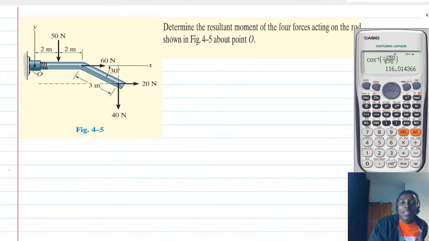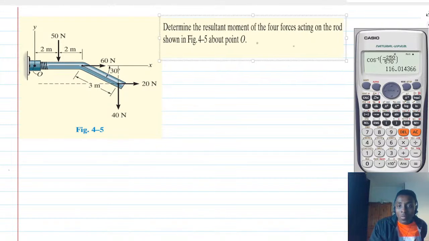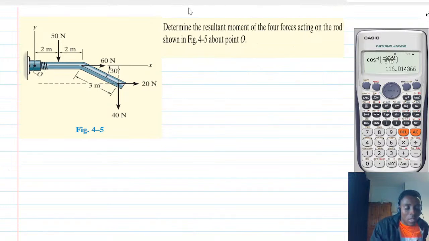In this question, we've been asked to determine the resultant moment of the four forces acting on the rod.